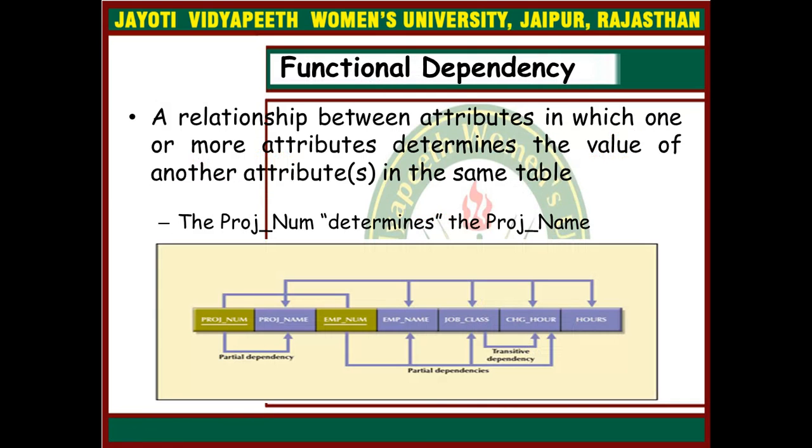Now come to functional dependencies. A functional dependency is a relationship between attributes in which one or more attributes determine the value of another attribute in the same table. You see here, this is a partial dependency, this is also a partial dependency, and this is a transitive dependency. These are the fields related in the green and blue portions.